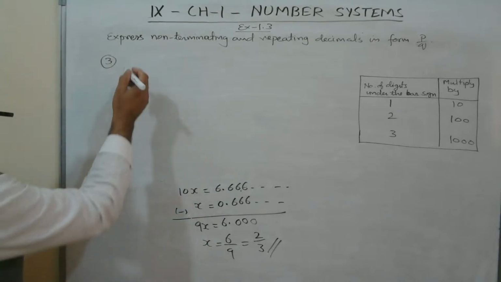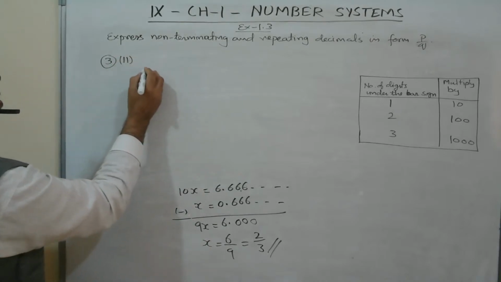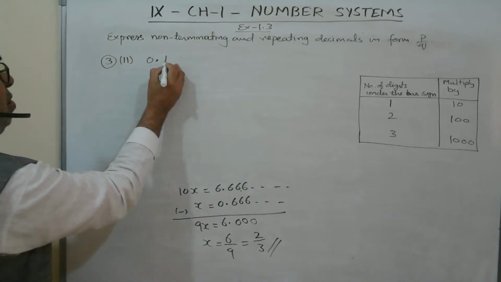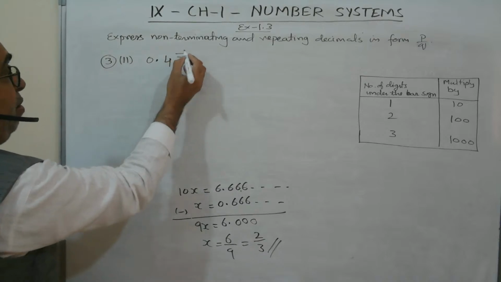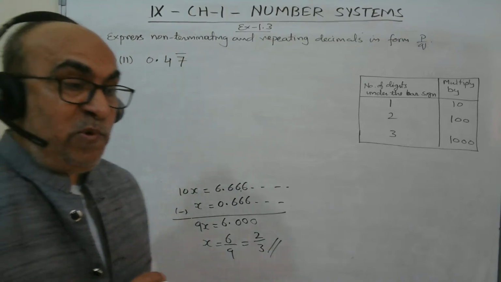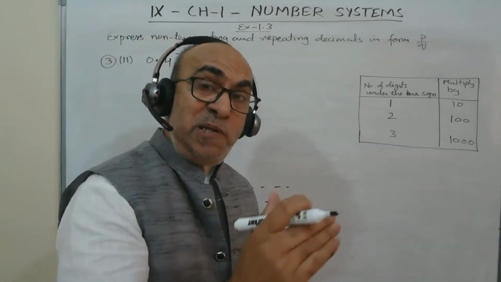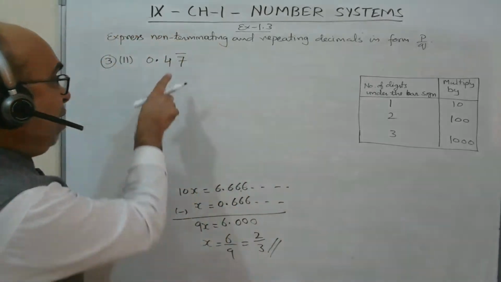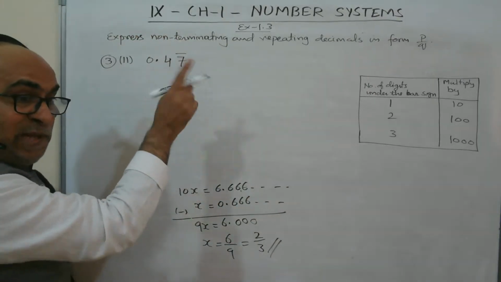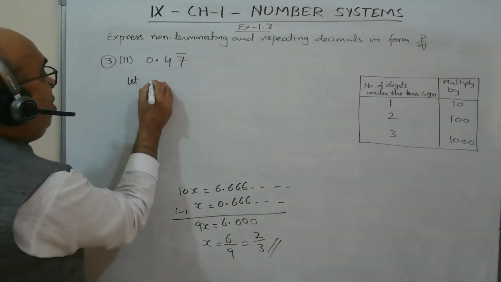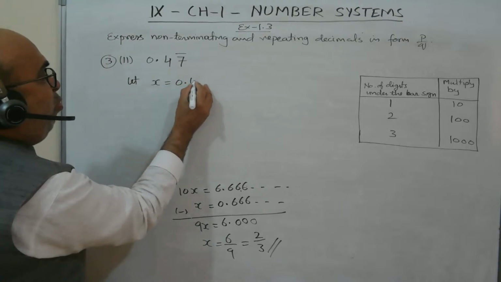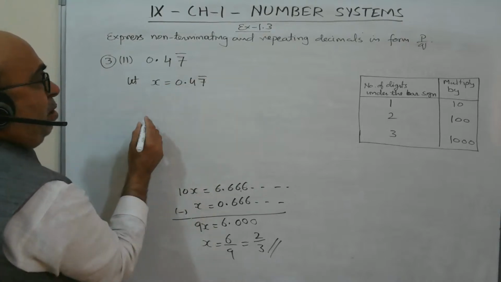It is the second one, 0.47 bar. Very carefully you have to observe the digits written under the bar sign. Only 7, not 47. So let x equal 0.47 bar.